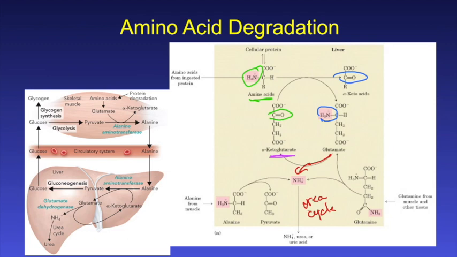But alanine has a special ability to have its carbons made into pyruvate, and then from pyruvate through gluconeogenesis, it can go to glucose. So protein carbons have the ability to make glucose. This is important because when we're under starvation conditions, we want to make sure we have enough glucose to keep the brain functioning. We cannot utilize any fat energy to do that, but we can use our protein to do that.